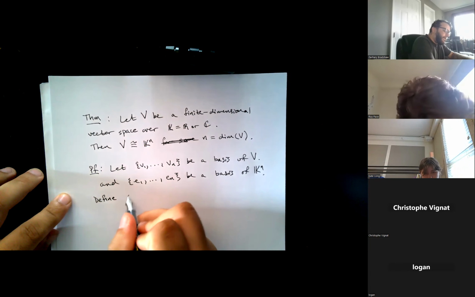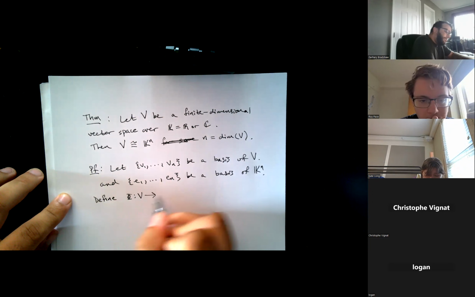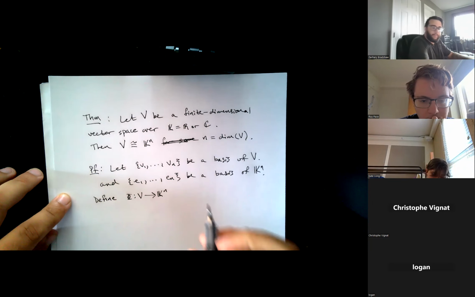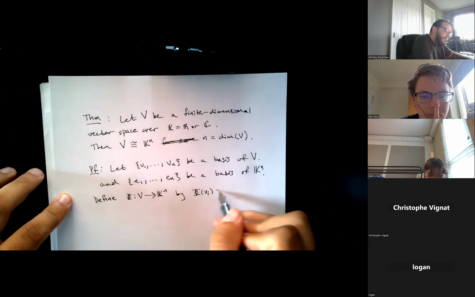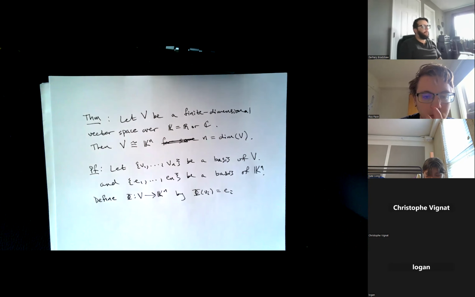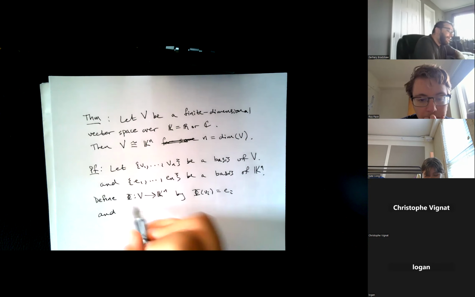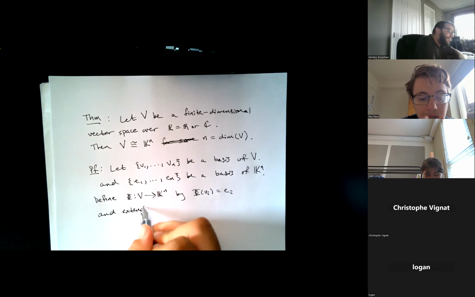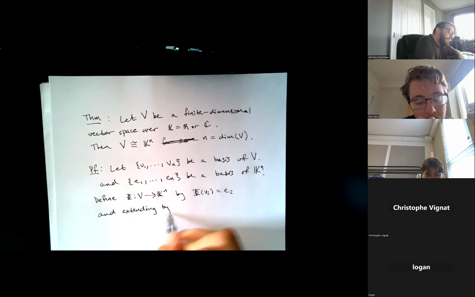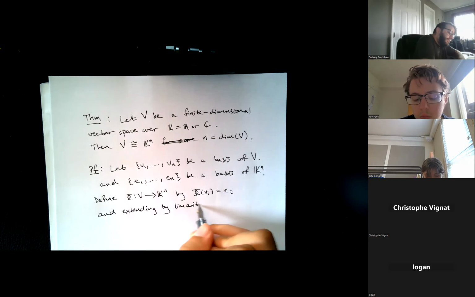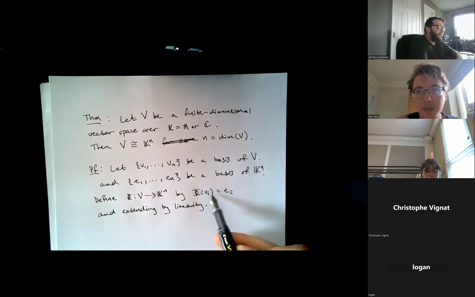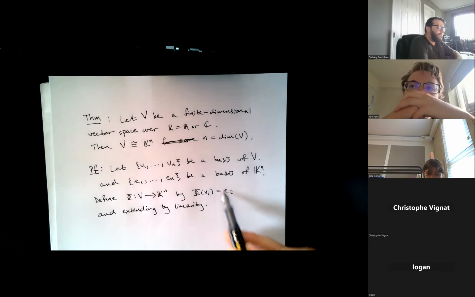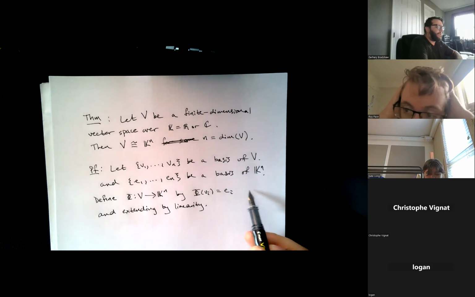So we'll define a map phi from V to K^n by sending phi of vi to ei. And we get linearity for free by just extending this. What I mean by that is if I have some linear combination of vectors here, define the result to be the correct linear combination on the right-hand side.